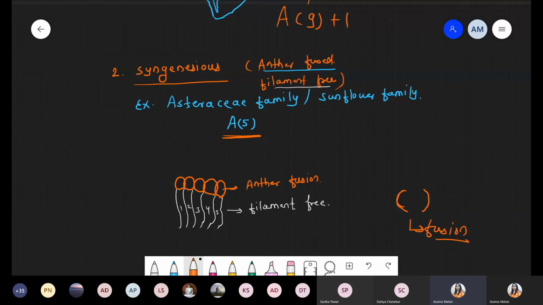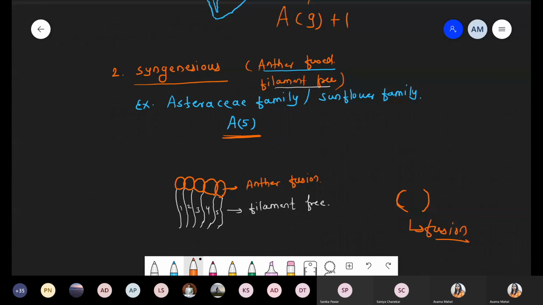That fusion is either for the anther or for the filament. Fusion can be anywhere, and even if the complete part is fused, meaning anther as well as filament show fusion, in all these three situations we have to use the bracket, because the bracket represents fusion of anther, or fusion of filament, or fusion of both components. Got this point?